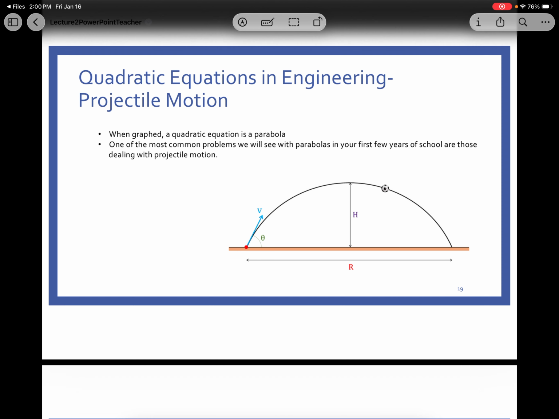And so what we get when we look at projectile motion, if you throw something, or if you kick something, it'll follow the path of a parabola. So what we would have is if you give something an initial velocity at height 0 and you give it an initial starting angle, you can calculate its path along a line.